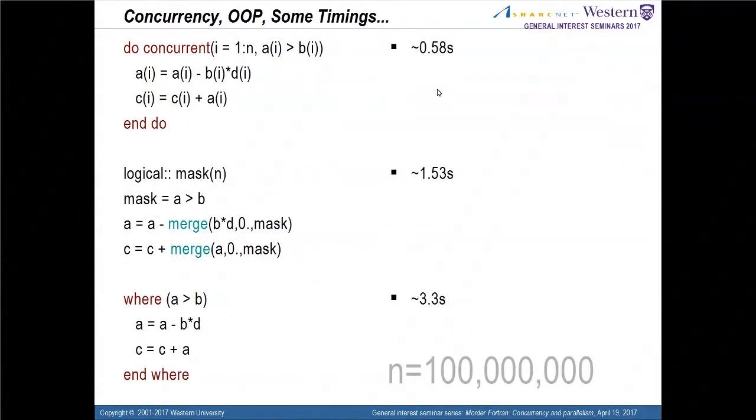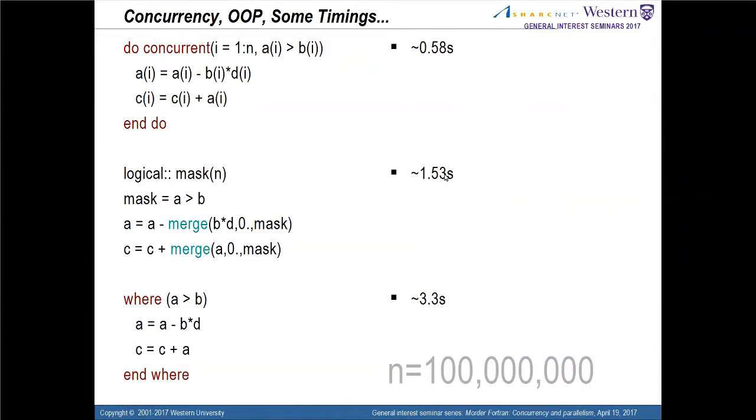And I put up some timings here. The first is using a do concurrent construct, the second uses merge, and the third uses another construct, like a where.